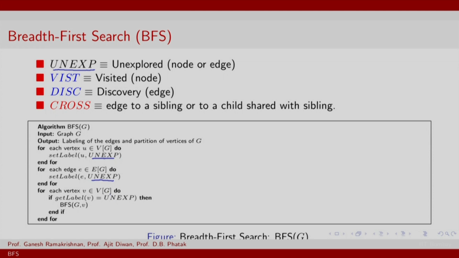And then you start with an unexplored vertex, do a breadth first search, and having completed breadth first search go back to the next vertex that is yet unexplored. Now the call to BFS on vertex V might itself end up marking many nodes and edges in G as explored.